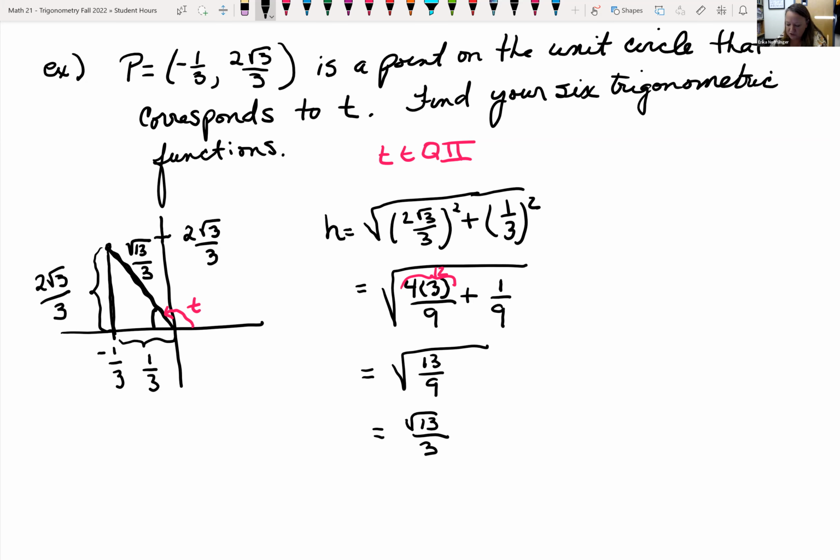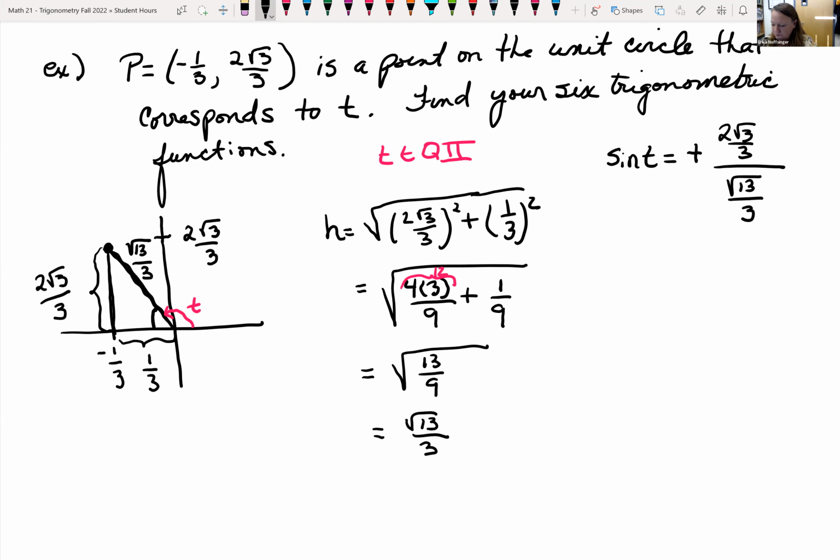Now let's use the relationship of sides and determine whether each trigonometric function is positive or negative in that quadrant. Sine of t, I know that sine, my y value, in quadrant 2 is positive. And sine is opposite, so the opposite side, 2 root 3 over 3, divided by the hypotenuse, which was root 13 over 3. We have some stuff to clean up here.